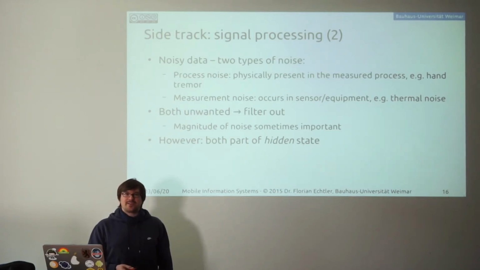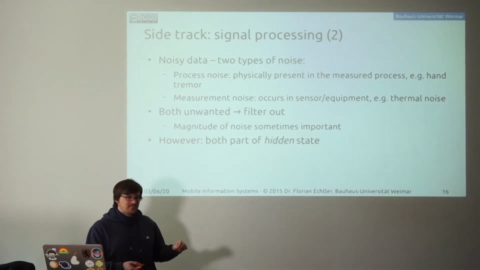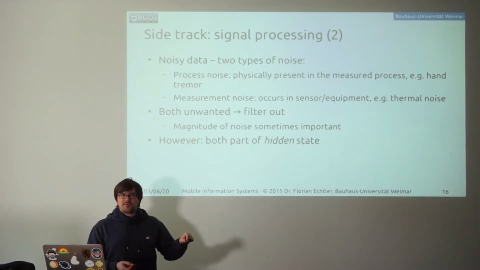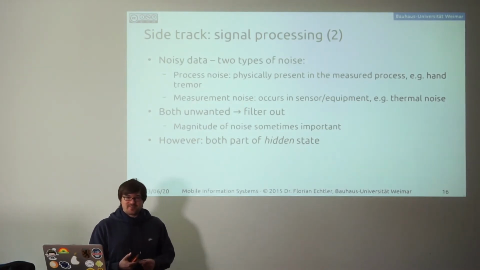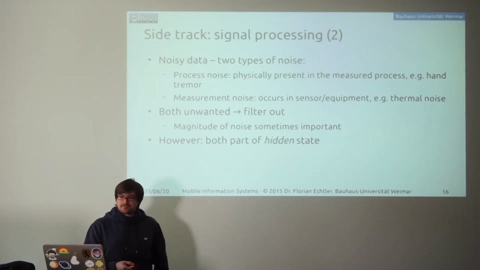And in both cases, we're not interested in the noise itself. We want to remove that. Sometimes we might be interested in how much noise there is. So we want to know the magnitude of the noise component in addition to the actual signal, because that might help us make more accurate predictions.